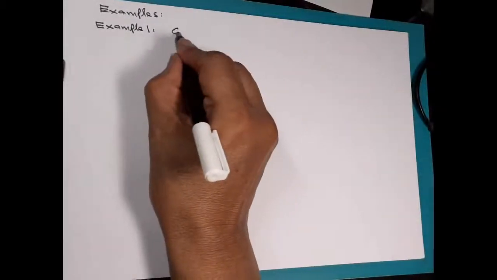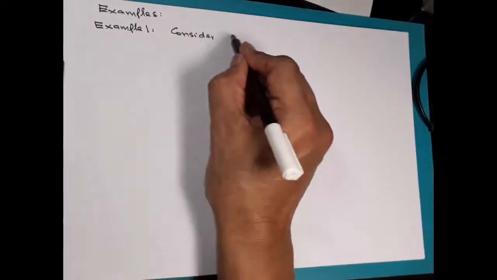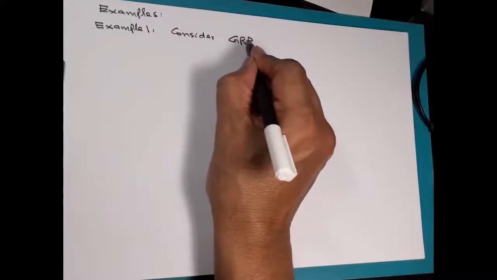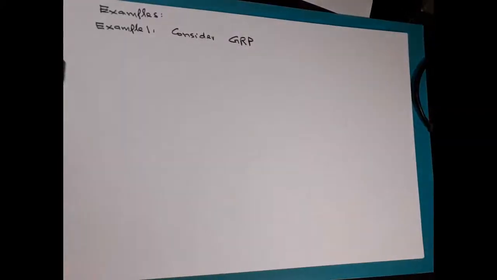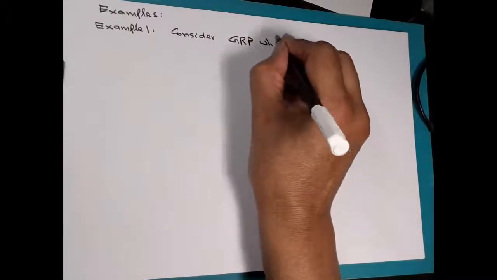So consider the category. We denote this category by G or P. So consider this category, which is the category of groups and group homomorphisms. And we know that the category of groups has a zero object.